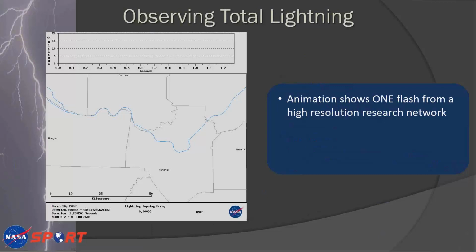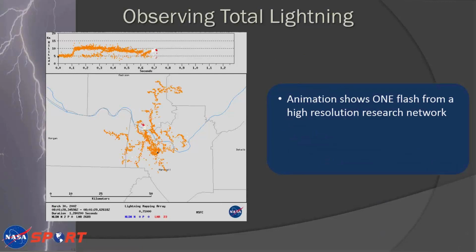Now, what we're trying to look at at this point is this animation that I'm showing, which shows a single lightning flash that lasted for about 1.2 seconds. This comes from a high-resolution, ground-based lightning mapping array. As you see through here, as that lightning flash goes on, these gray lines are not roads. These are actually county boundary outlines. So this lightning flash is extending many tens of miles in every direction.